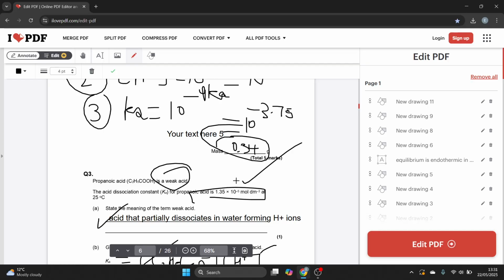There we go. So I assume that the concentration H plus equals the concentration A minus.